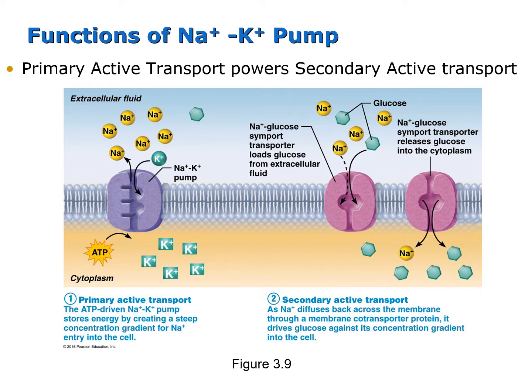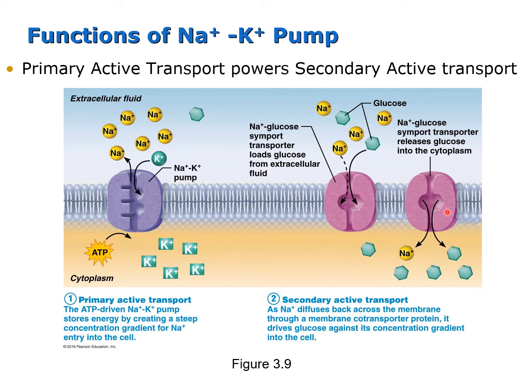However, there is a type of active transport which is called secondary active transport, and it's powered by primary active transport. So here on the right of this figure, we have another carrier protein.